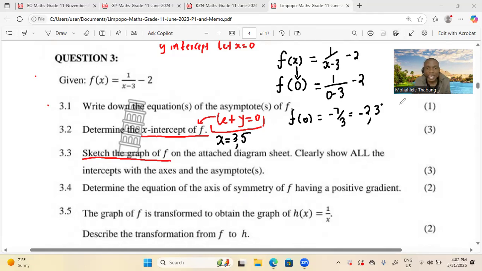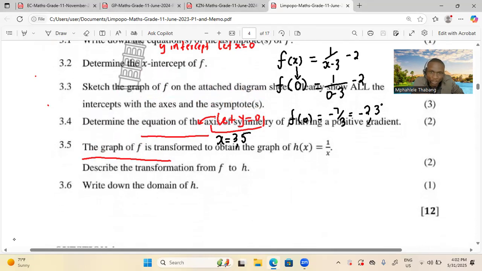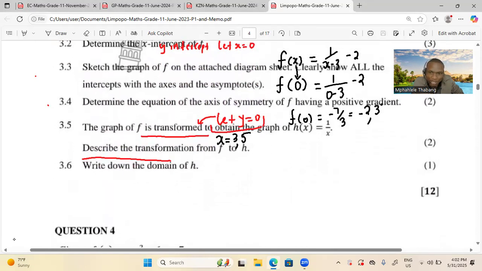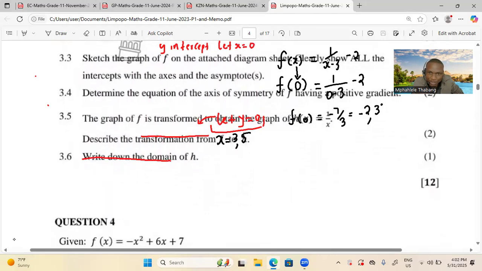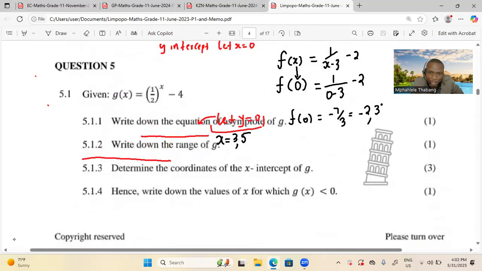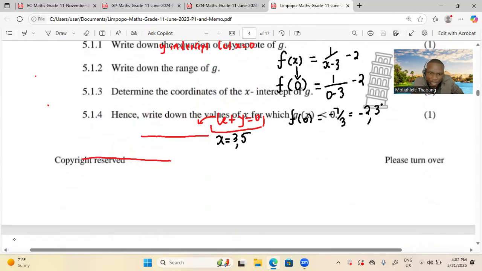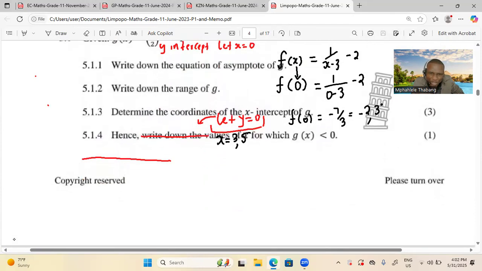So I have the x-intercept, I have the y-intercept, and I have the equations of the asymptotes. I should be able to sketch the graph. So let us sketch the graph. I need a space. Where can I have enough space? Yes, I want to put my graph here.